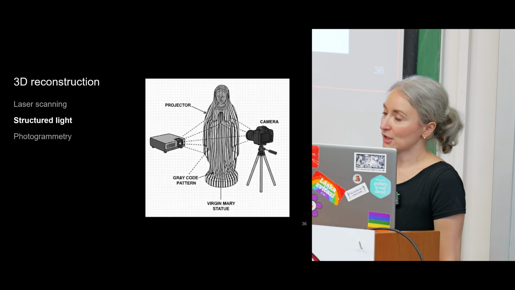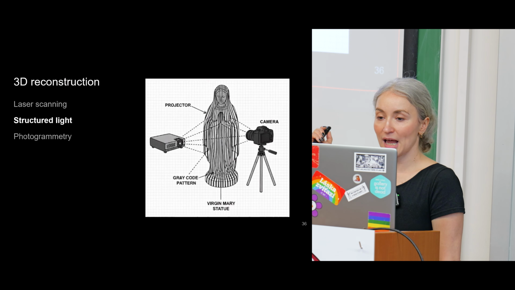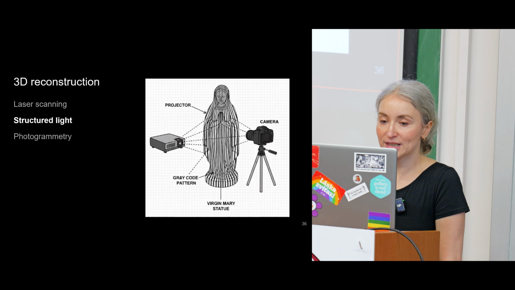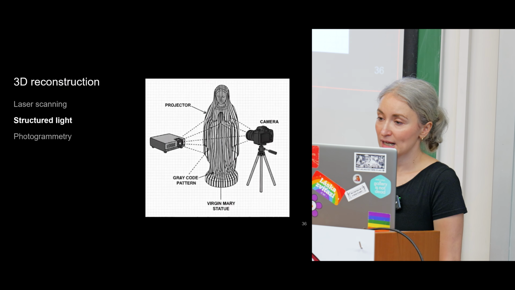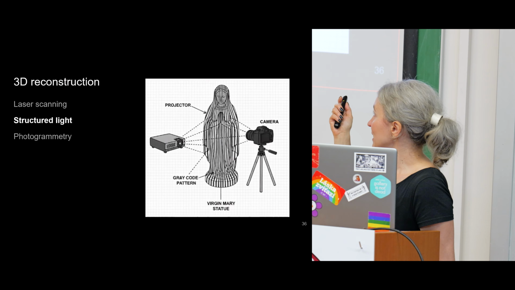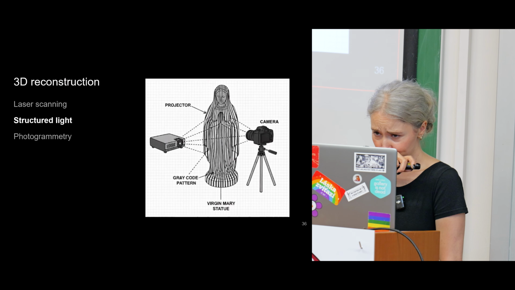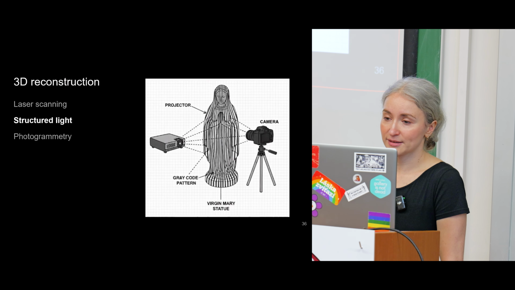However, in the area of cultural heritage, more techniques are used. We can also use structured light scanning, which reconstructs surface geometry by projecting some known line patterns from the projector, such as stripes or grids. It can also be a sequence of patterns. It can be in visible spectrum or infrared.